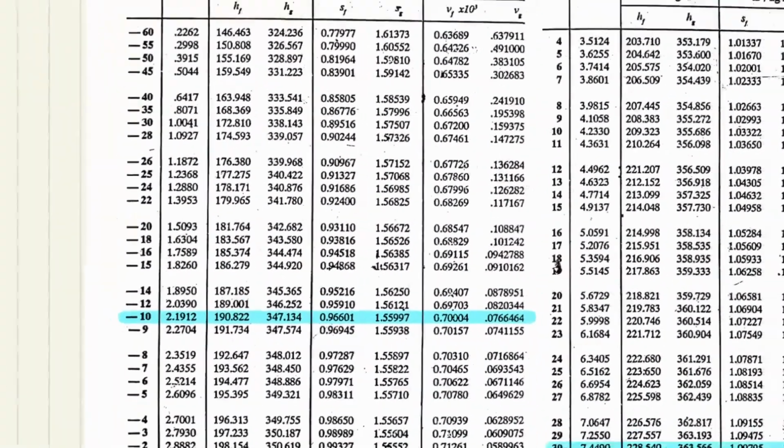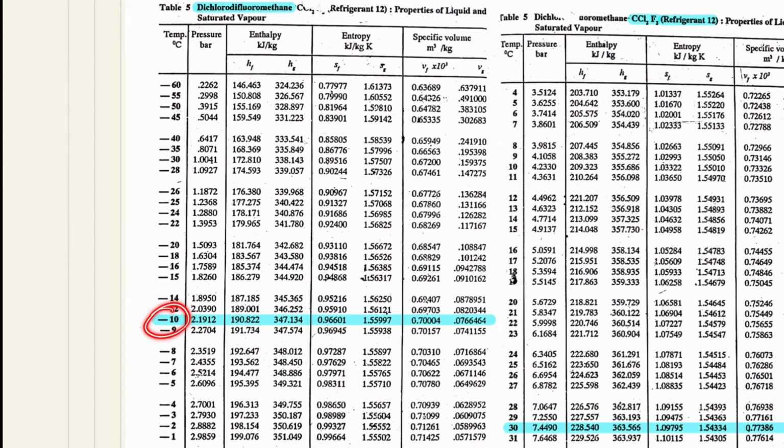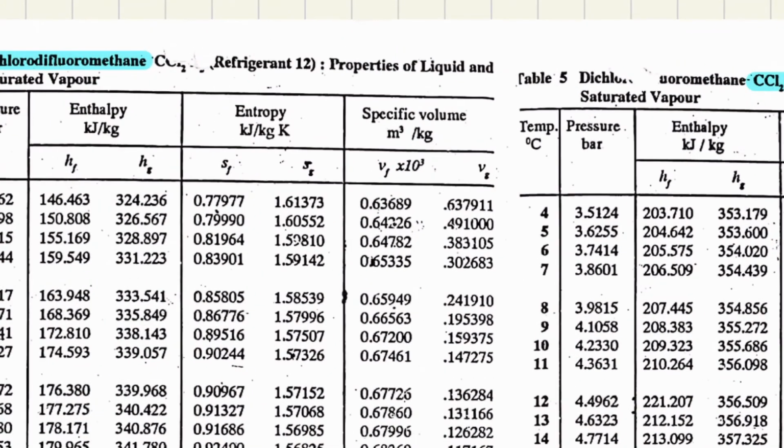So at -10, what is the Vg value? Vg is 0.0766464. Now be careful over here, just see the unit. The unit of specific volume is meter cube per kg. And suppose you want to calculate Vf, don't forget to see this multiplied by 10 raised to 3.